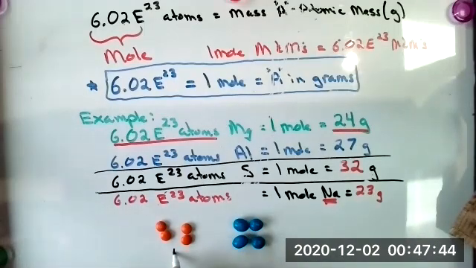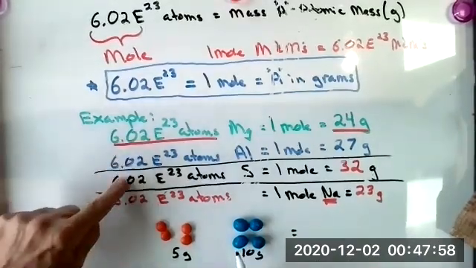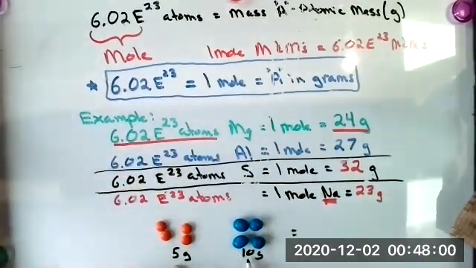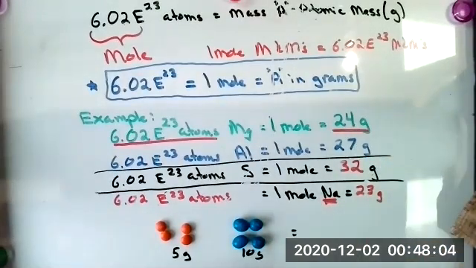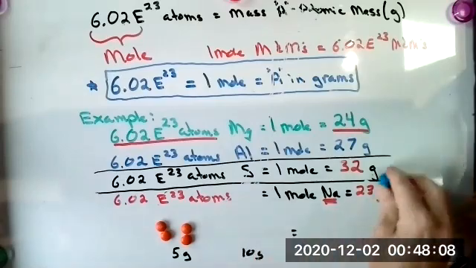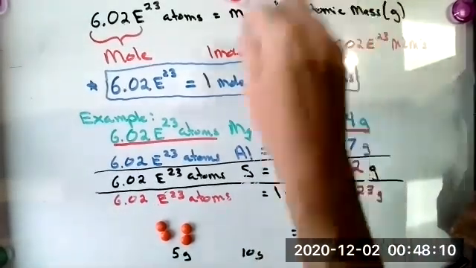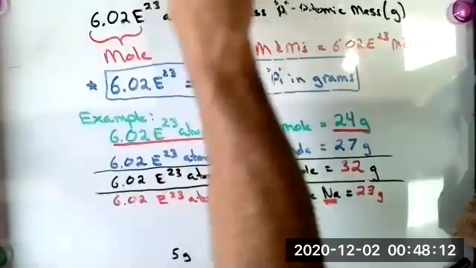I said this is worth 5 grams and this is worth 10 grams. But look, in these 10 grams, I got the same number of atoms as I do of these with 5. See the number of atoms right here? See these masses, how different they are? They're different. You've got to really wrap your head around this. This concept takes a while.